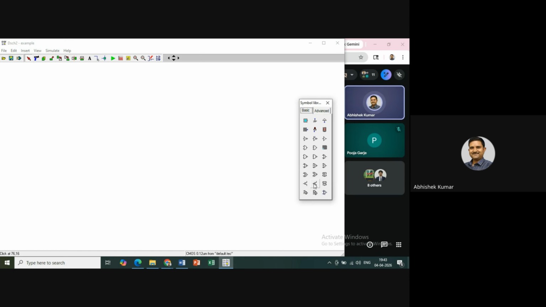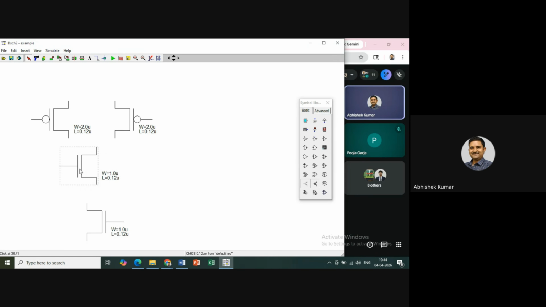First of all, the first part was the NAND. So I'm going to take two PMOS in parallel and two NMOS in series, so I am going to take the components. Now here I am showing you the mirror of this PMOS, and I'm mirroring this NMOS also, so that our wiring will be simple. So I'm going to connect like this.